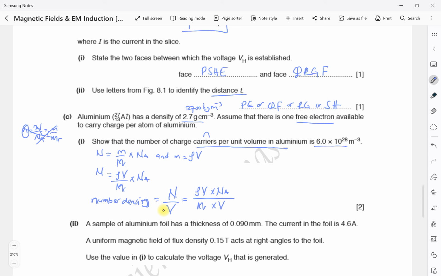Number density is number of particles per volume, so volume cancels out, and you remain with density.